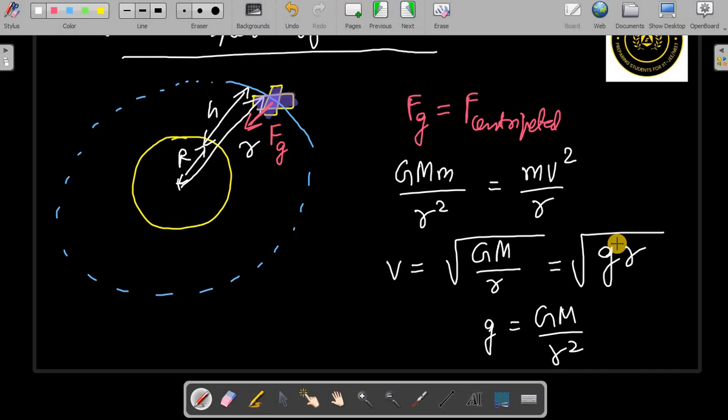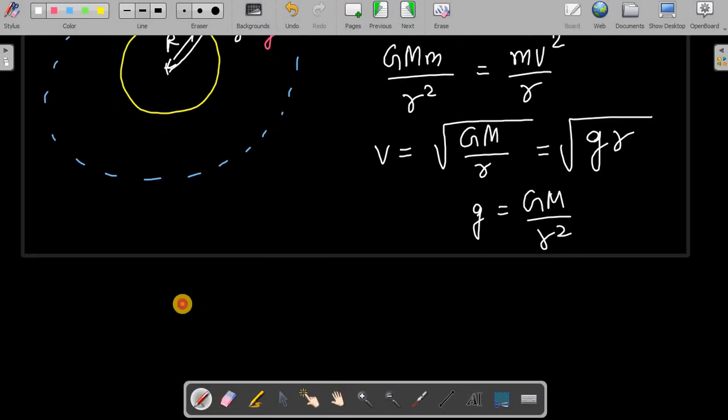Then there are many other things that we can discuss here. Suppose a particle is rotating near the surface of Earth, then we can calculate the orbital velocity close to the surface of Earth.